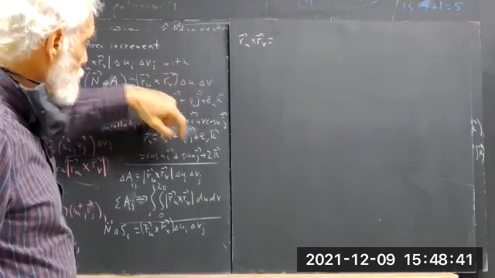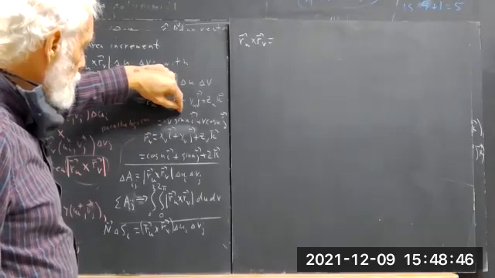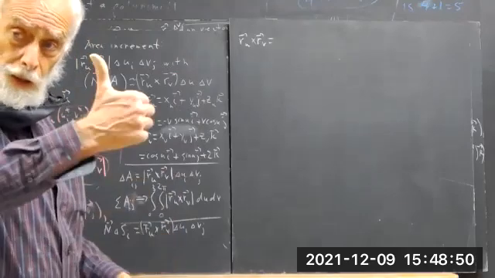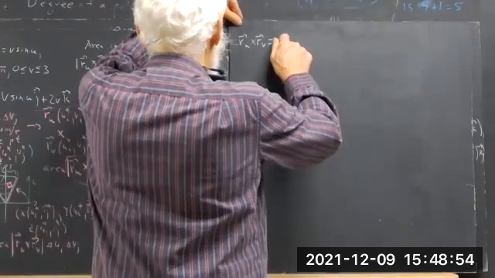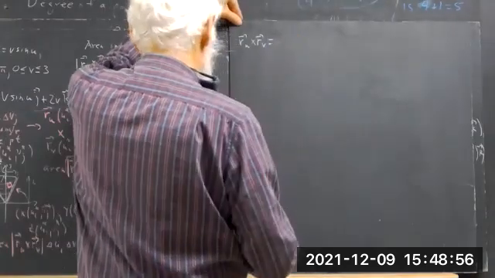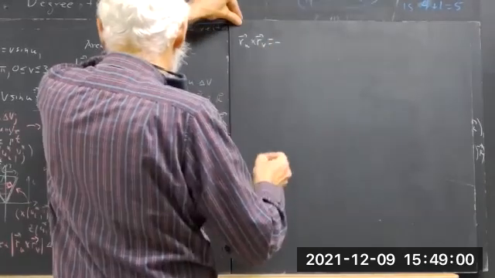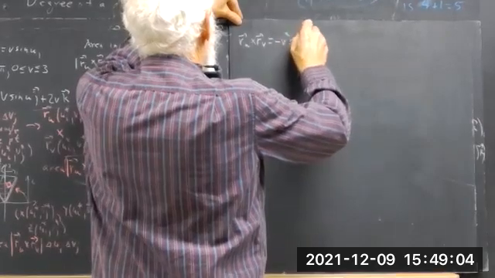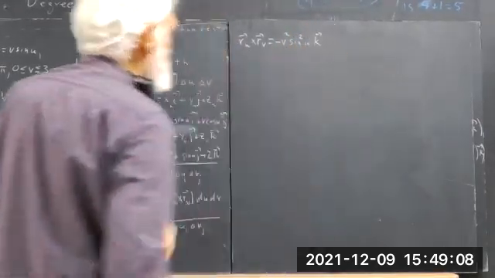With sine U J, that's going to give me minus V sine squared U times I cross J. I cross J is K. So negative V sine squared U, K.